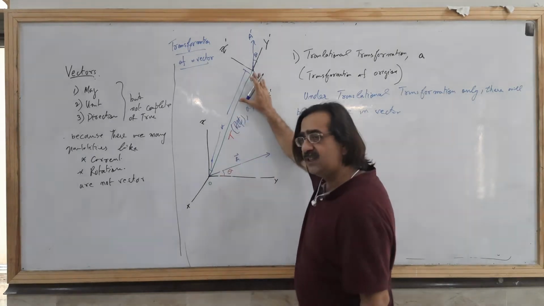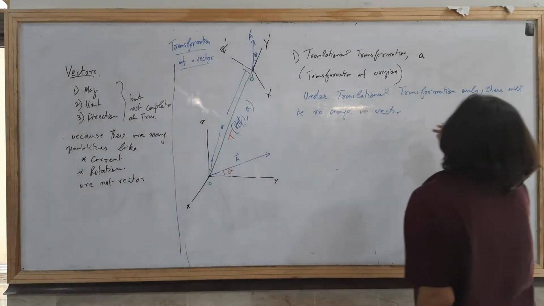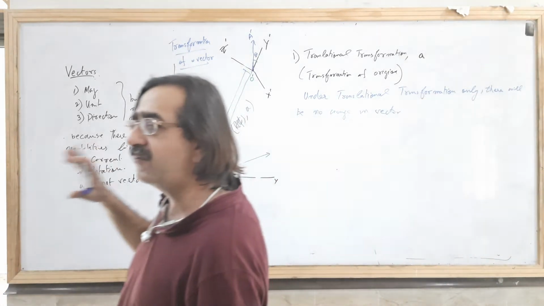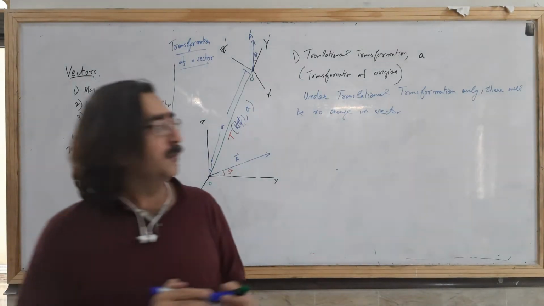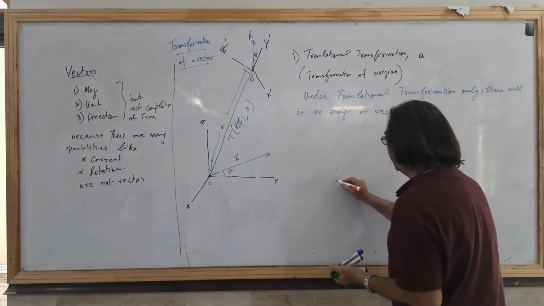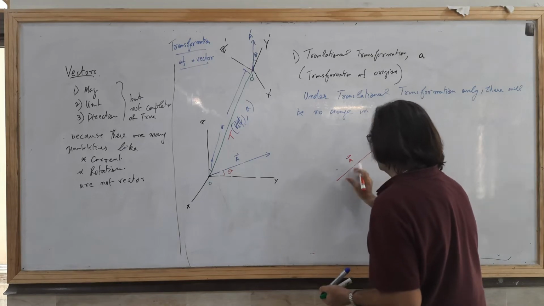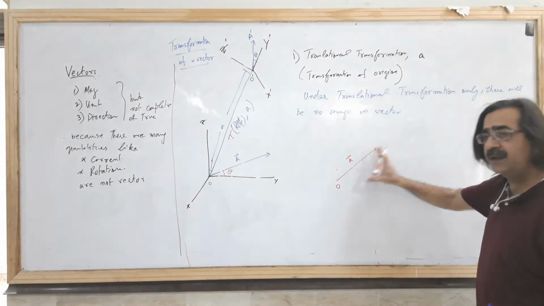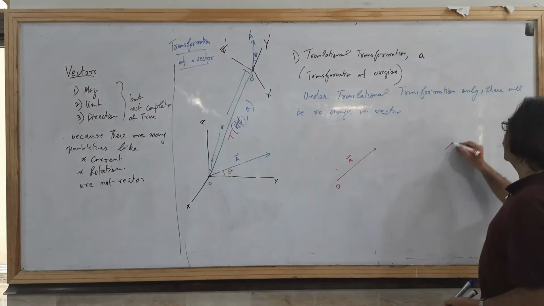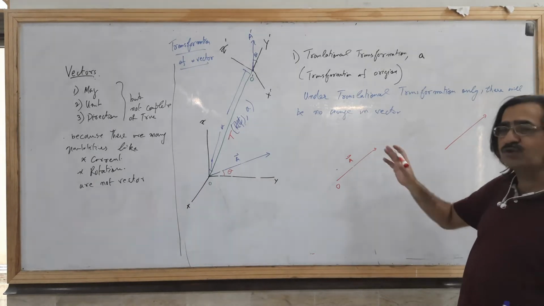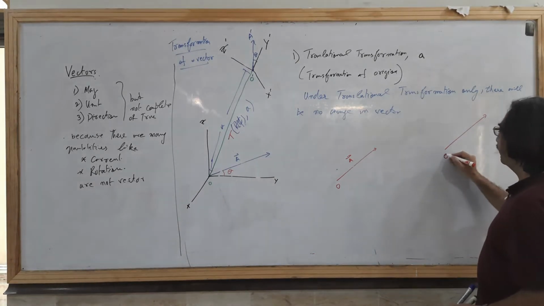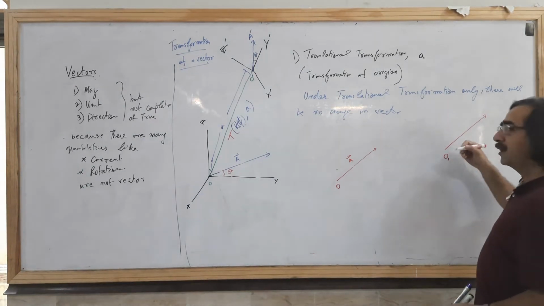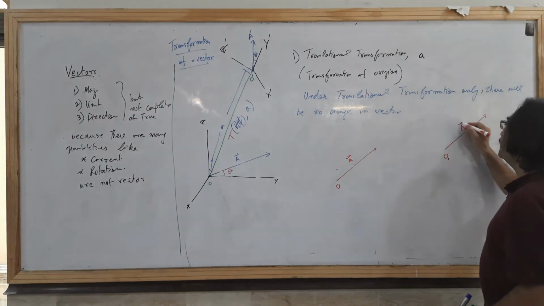If I perform only the translation, with no rotation, or no change in direction, the vector A will remain the same. If this vector A is at origin O, and I take it and put it at O prime, and there is no change in direction, there will be no change.